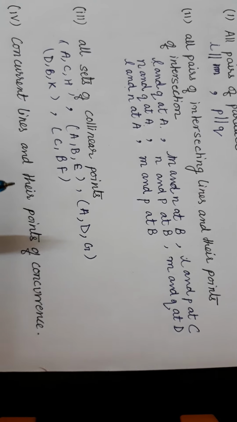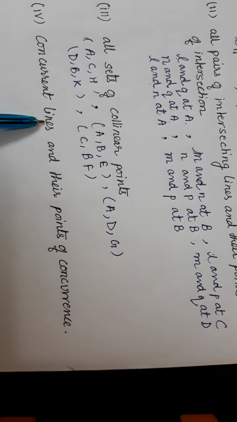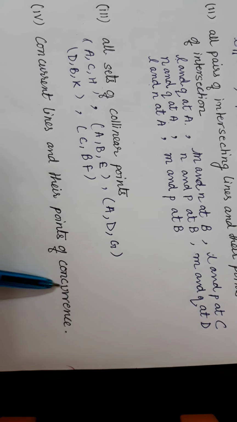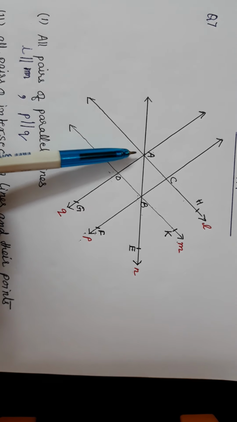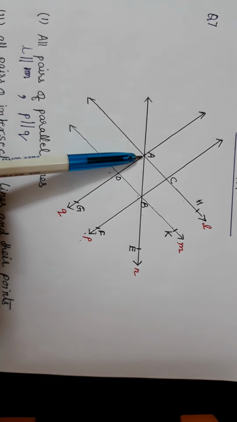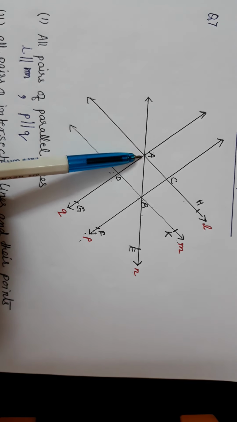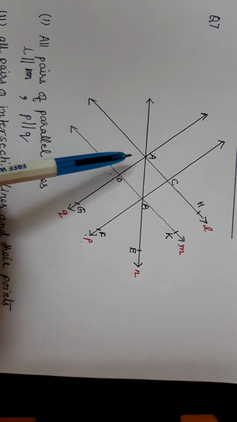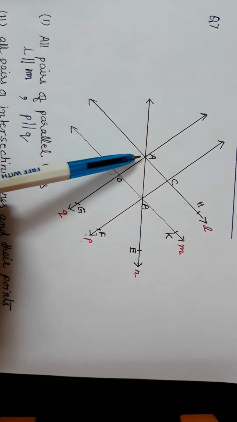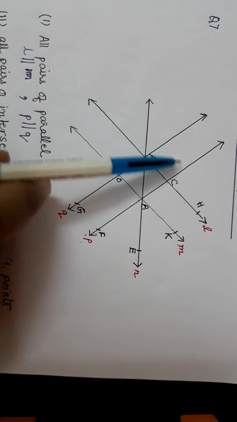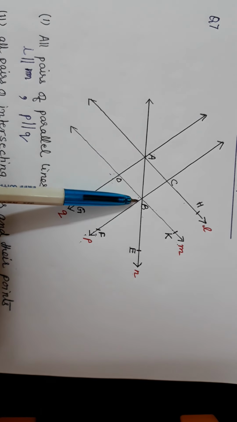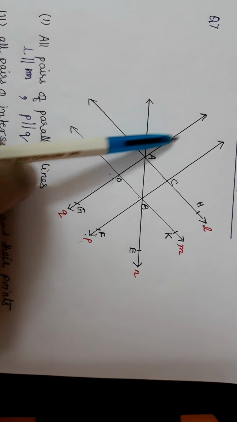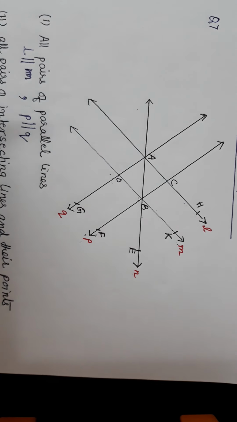Okay. Now we come on to the fourth question, concurrent lines and their point of concurrence. If we recall, concurrent lines are those lines in which 3 or more than 3 lines intersect at the same point. They pass through the same point. So if you see the figure carefully, point A and point B are those 2 points through which 3 lines are passing.